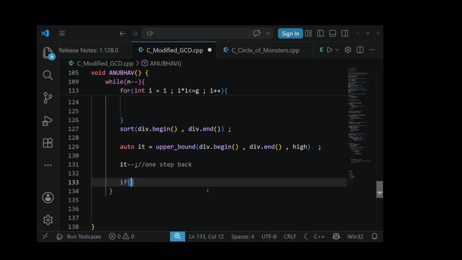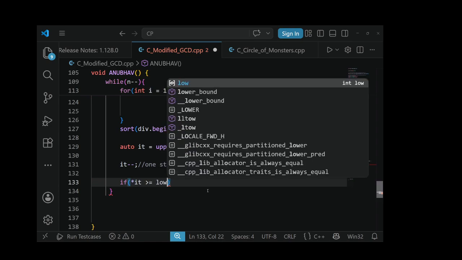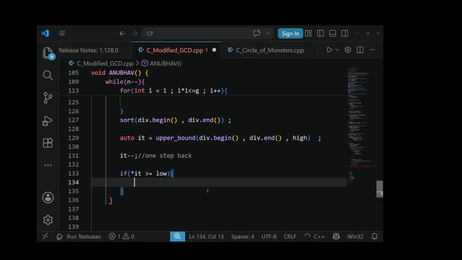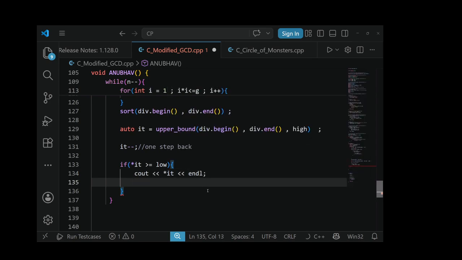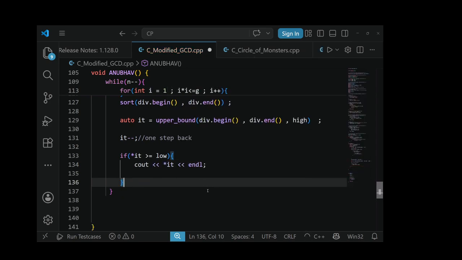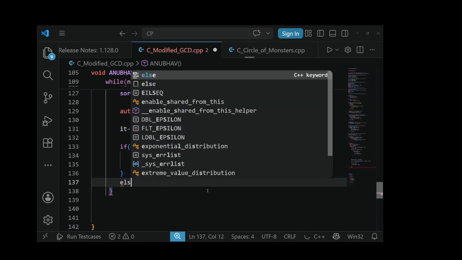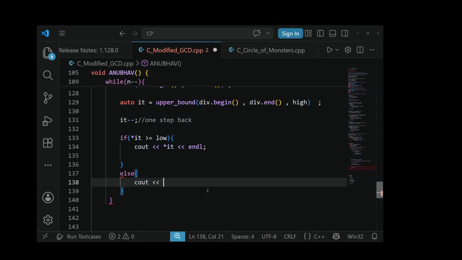And if the value of IT is greater than low, then possibly fine, we'll print the value of IT. And if it is not, we'll be printing our answer as minus 1.